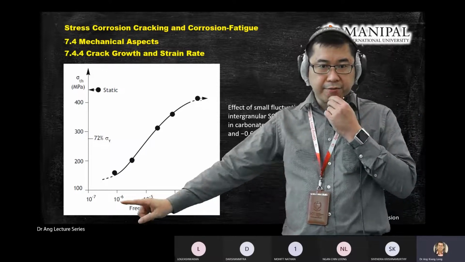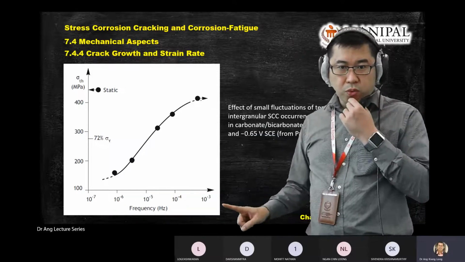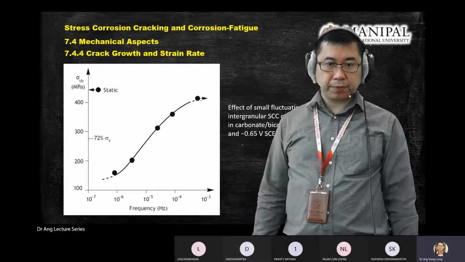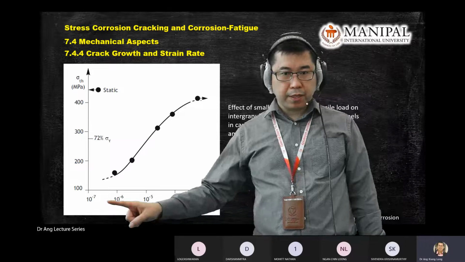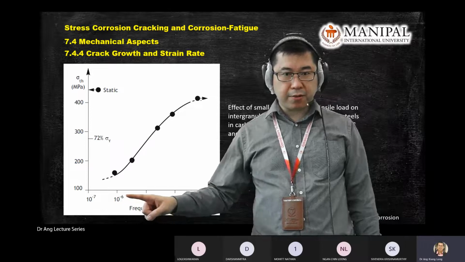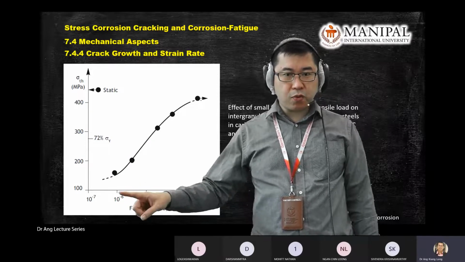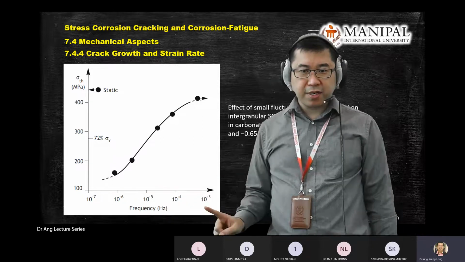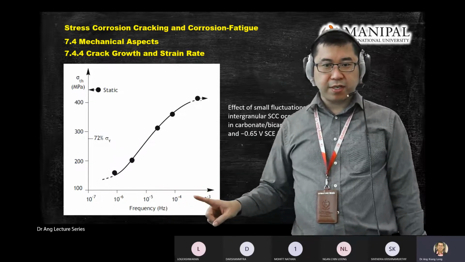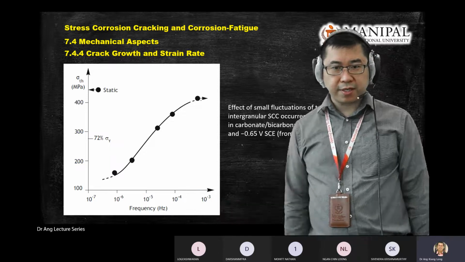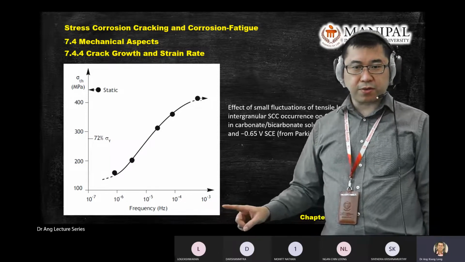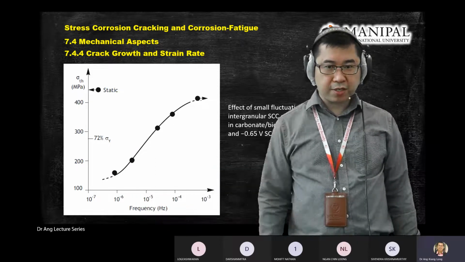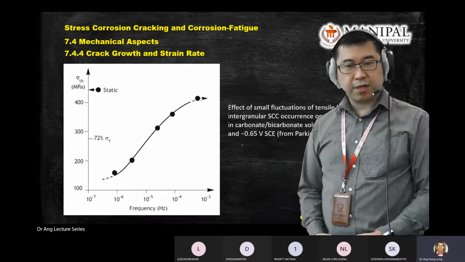From 10 to the negative 6 to 10 to the negative 3. Here is 1 over 1000, 0.001, and 0.000001 Hertz. Okay.